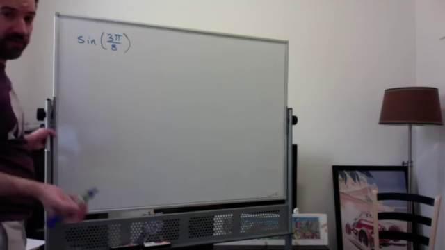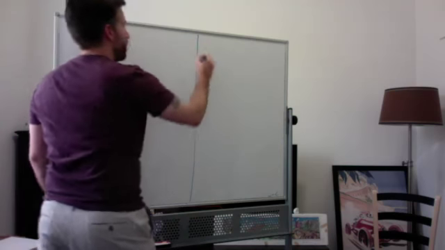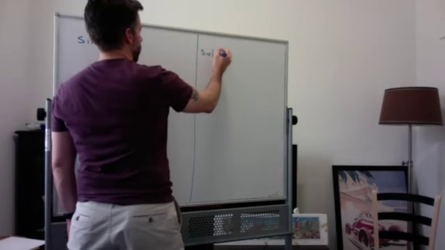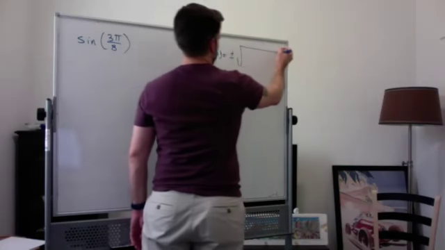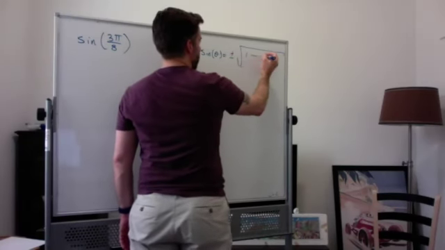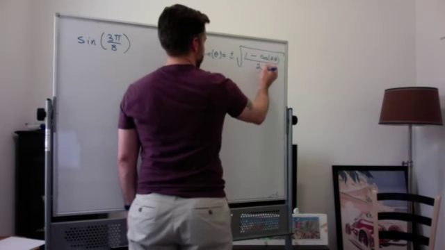So the half angle formula, which you may not remember, you can look it up. For sine of theta, it's equal to plus or minus the square root of 1 minus cosine of 2 theta all over 2.